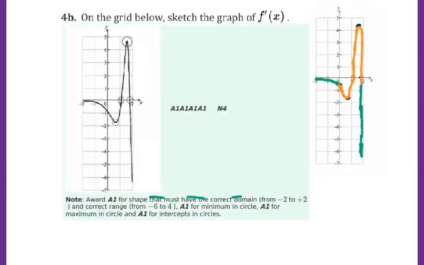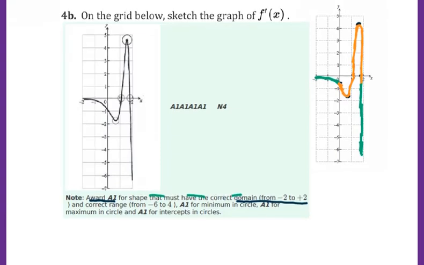Now let's analyze the correct answer. First of all, they said award A1 for shape that must have the correct domain. So you have to make sure it's from -2 to 2. Correct range will be from -6 to this 2.